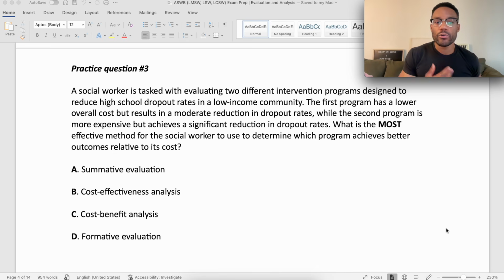What is the most effective method for the social worker to use to determine which program achieves better outcomes relative to its cost? A, summative evaluation, B, cost effectiveness analysis, C, cost benefit analysis, or D, formative evaluation. Take a sec, pause, and then we'll break it down.